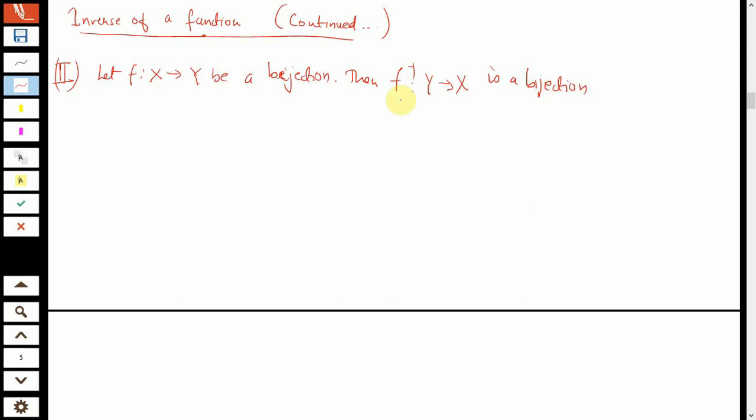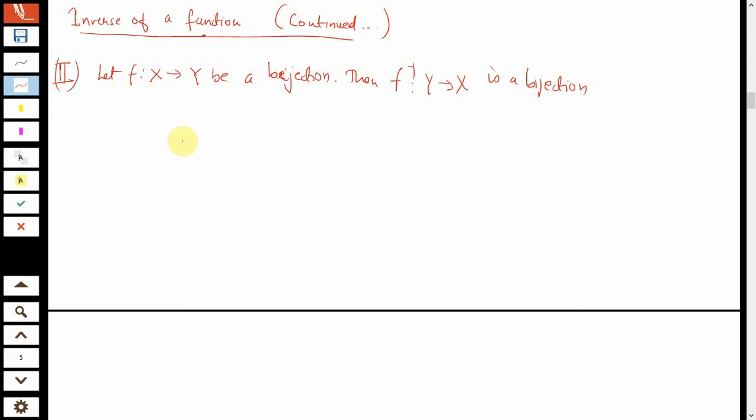So once it is a bijection, we will prove in this property. Once it is a bijection, I can talk about its inverse, and ultimately in this proof itself we will see that the inverse of this f inverse is f itself.